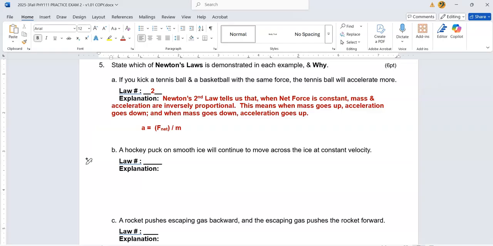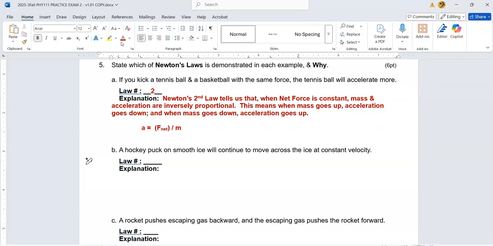Okay, let's look at the next one. We have a hockey puck on smooth ice. All right, why are we saying smooth ice? Smooth ice tells us that there's no significant frictional force that might slow down the hockey puck on the ice. And it says that the hockey puck on this smooth, frictionless ice will keep moving across the ice at a constant velocity.